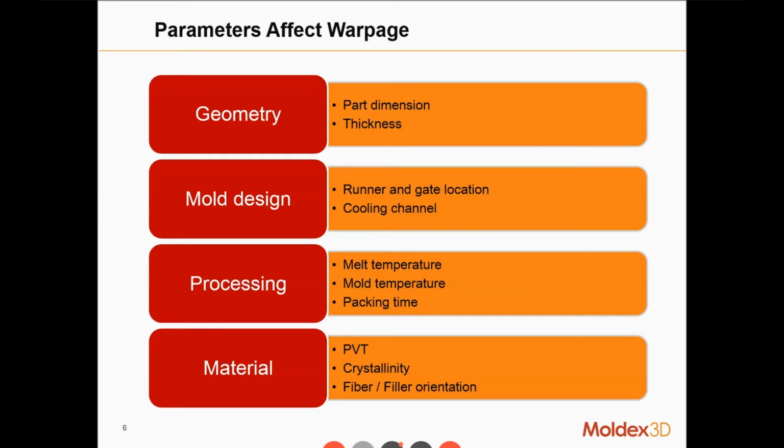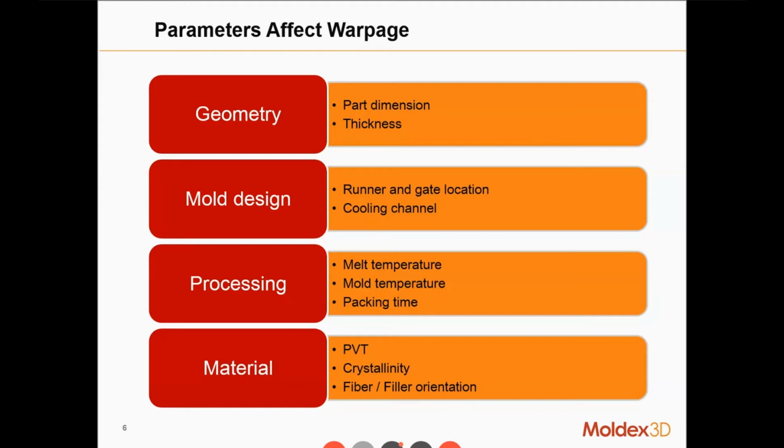So in order to improve the warpage, there are four main parameters that will affect warpage: geometry, mold, processing, and material. First of all, for geometry, we can consider changing the part dimension or thickness.